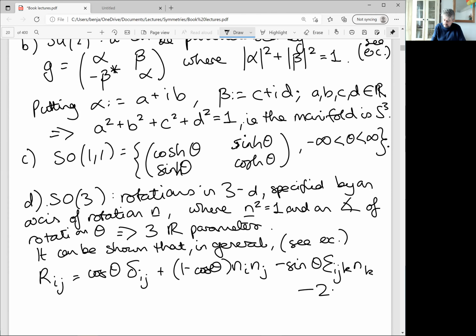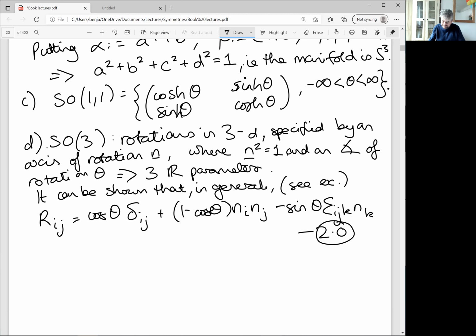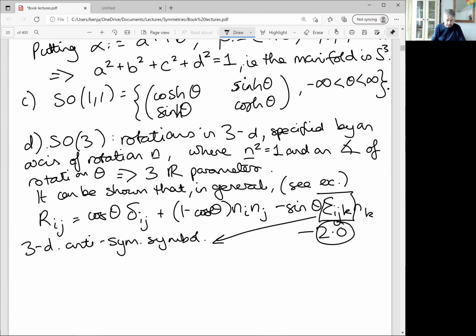So I'm going to call this equation 2.0. Now, what does this mean? So epsilon ijk, this is the totally anti-symmetric symbol, the three-dimensional anti-symmetric symbol. So epsilon 1, 2, 3 is equal to +1. And if you switch any two of these indices, you get a minus sign.